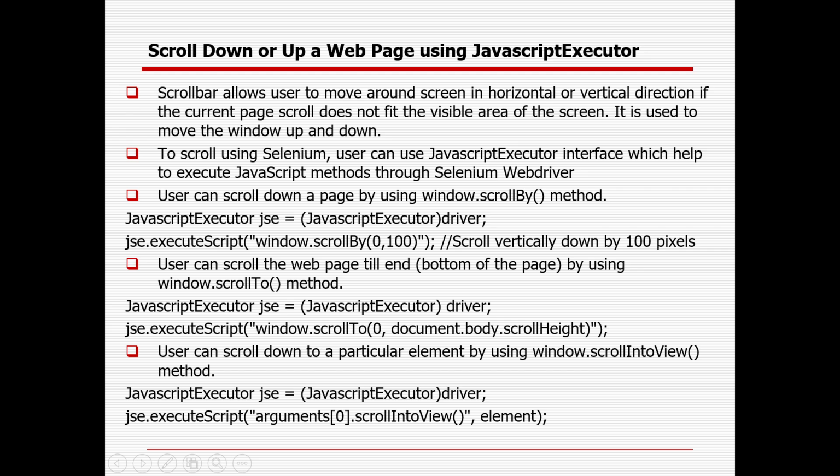In case you want to go to the bottom of the page directly, you can use the method called window.scrollTo. In case you want to scroll down to a particular element, you call scrollIntoView. So here you call the JavaScript executor's executeScript within double quotes, arguments[0].scrollIntoView, and you give the element reference whatever you want to deal with.